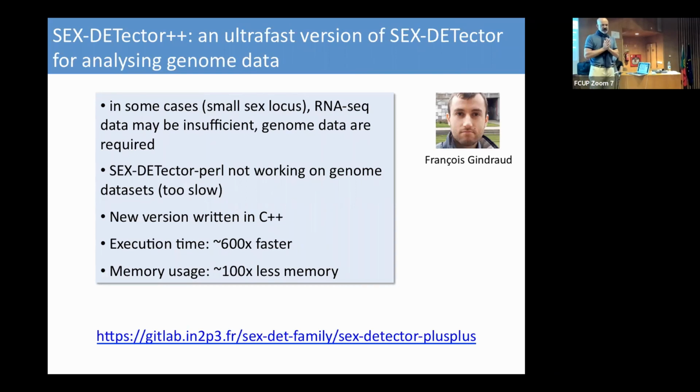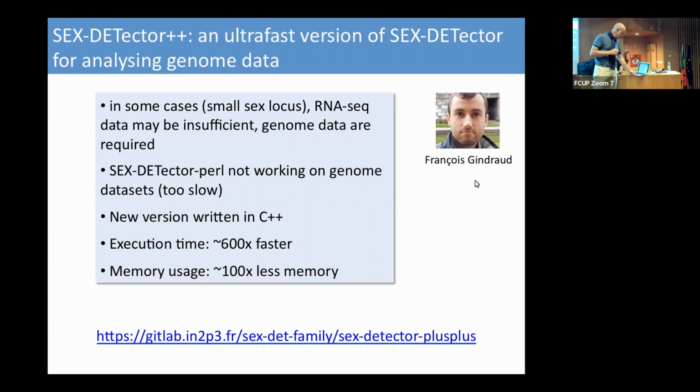Sometimes we realize that it's not adequate to use RNA-seq data for some species, for some systems. In particular, when the non-recombining region is really small. So in that case, it's better to get genome data, and we developed a much faster version of SEX-DETector in C++ to do that.